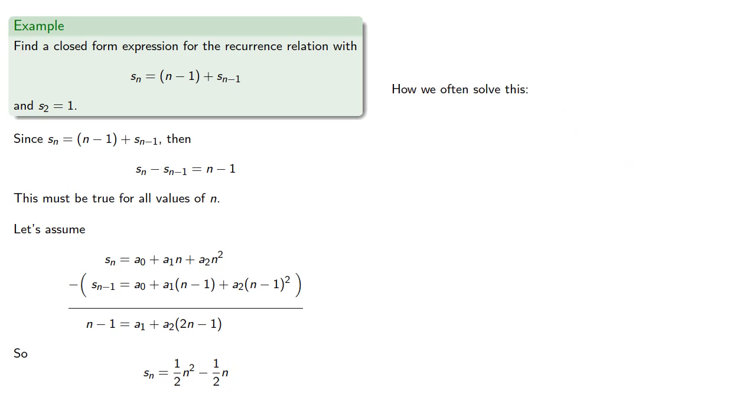Now that's how we should solve this, but how we often solve this is something like the following. Since this relationship must be true for all values of n, it will be true for any value we choose.